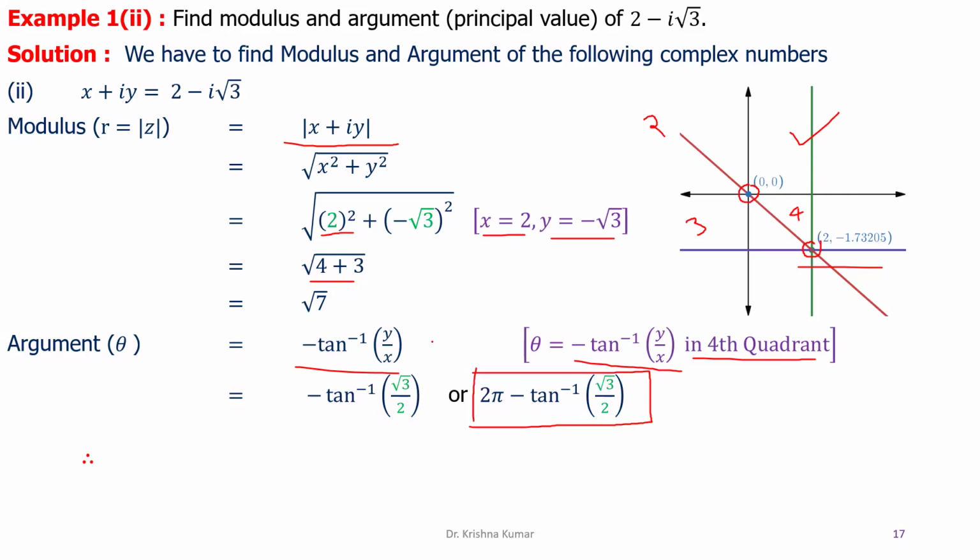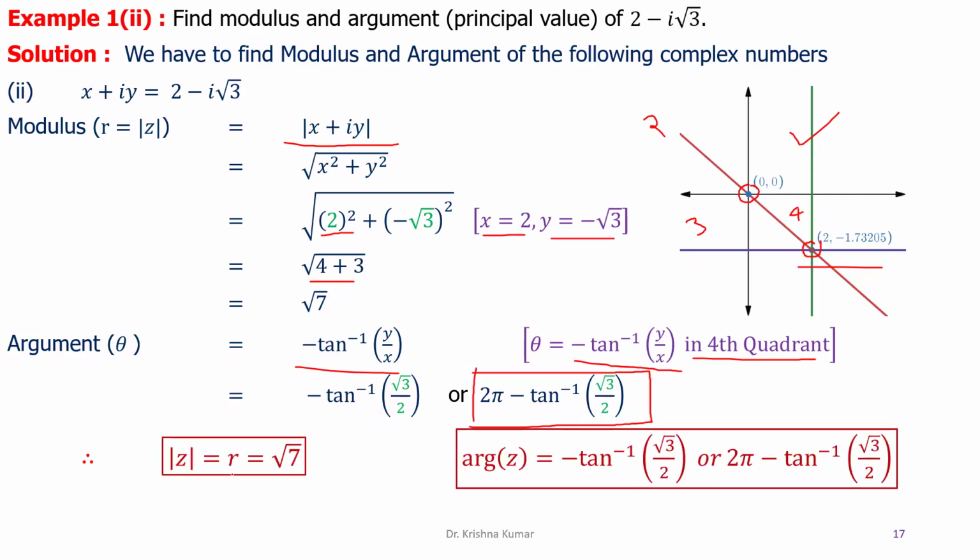Therefore, the modulus of the given complex number, mod z equal to r, is root 7, and the argument of the given complex number is minus tan inverse of root 3 by 2, or sometimes we can also write 2 pi minus tan inverse of root 3 by 2.